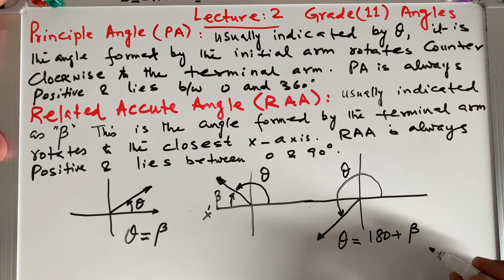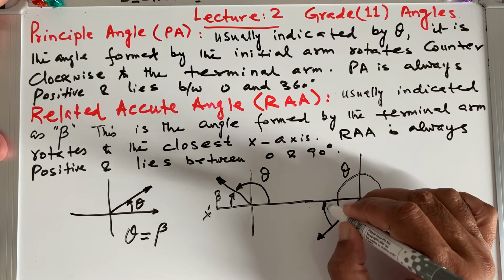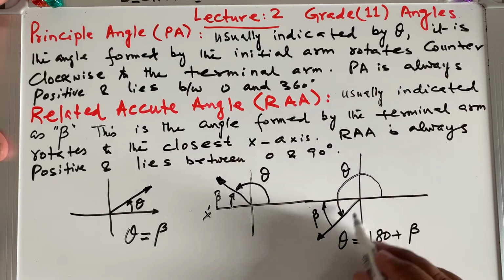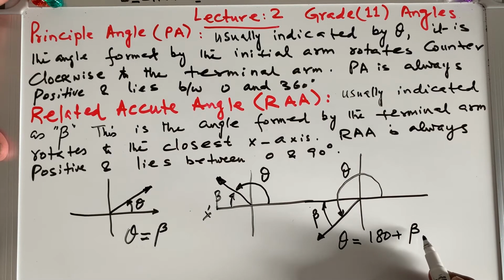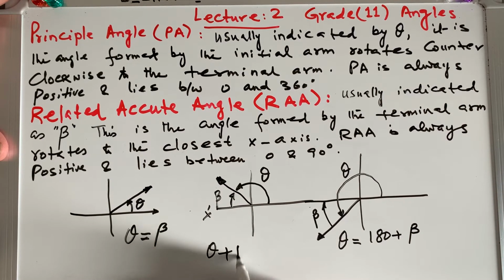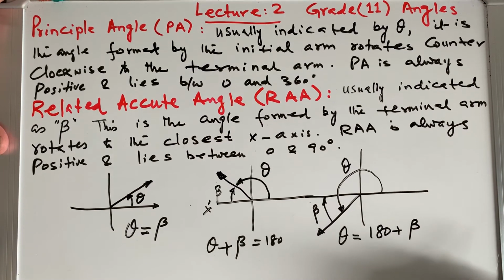My beta is closest to the x-axis, so this is my beta. So if the angle is in the third quadrant, theta is equal to 180 plus beta.